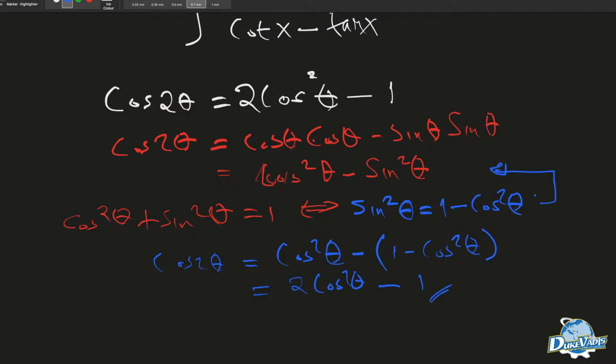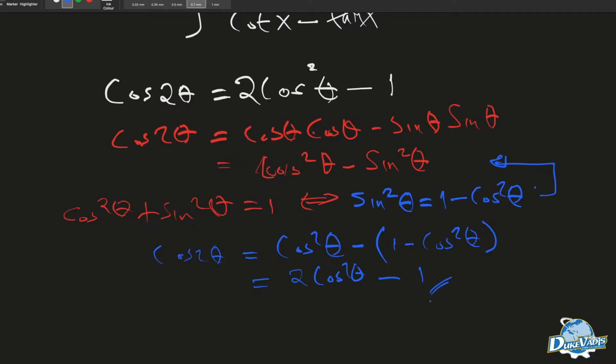So this very simple trigonometry property can help us break down something now, because if cos 2 theta equals 2 cos squared theta minus 1, that can make life easier.